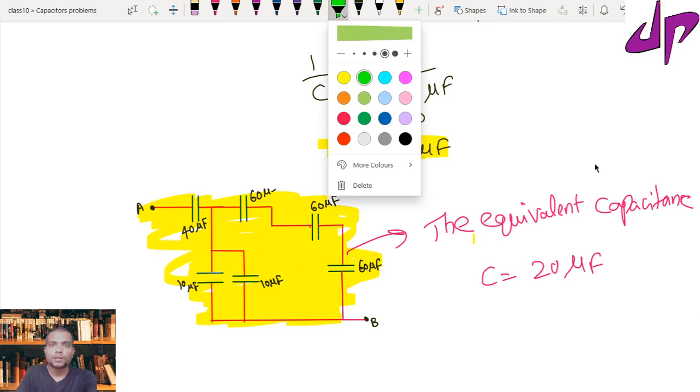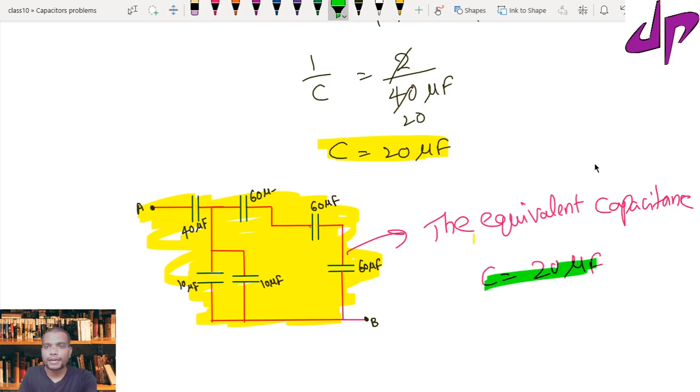So that's how to do the reduction. If a combination of capacitors is given, we have to reduce it, and try to solve from the easy to the difficult.